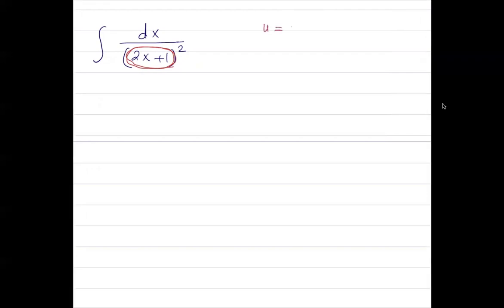Let u be 2x plus 1, so du becomes 2 dx, or dx is du divided by 2. So this integral can be written as, wherever you see dx, write down du divided by 2. And on the denominator, you have u squared, because u is 2x plus 1.